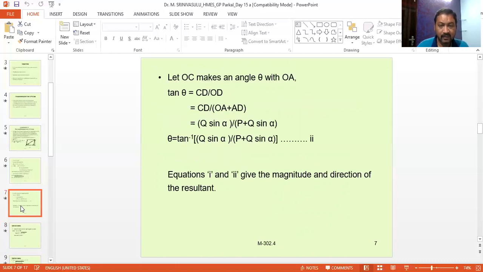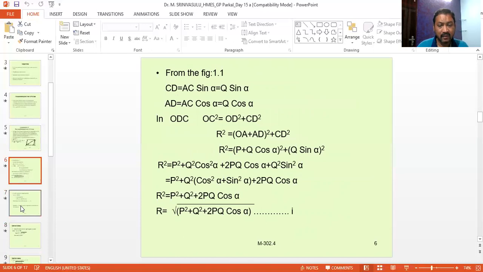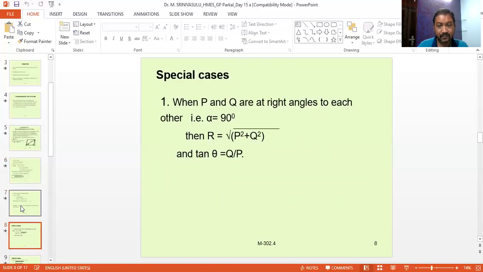So the 2PQ cos alpha becomes 0. Therefore R becomes under root of P square plus Q square, or we can say R square is equal to P square plus Q square.